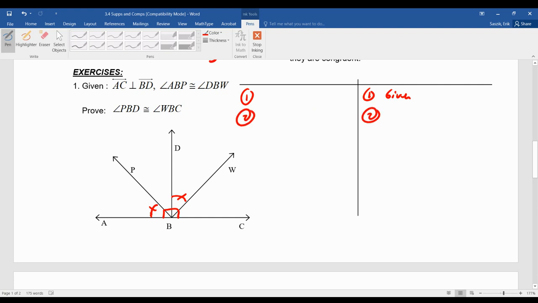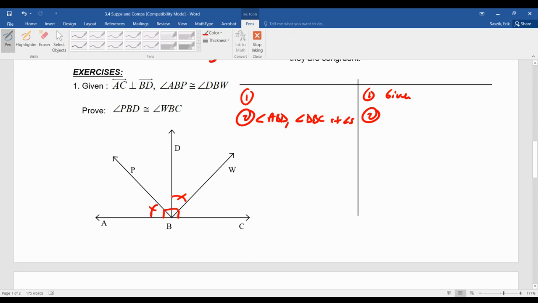That would be the given stuff. But now I got to catch up to my tick marks, okay? So I mark perpendicularity down here. Usually when we do that, we need to say that angles ABD, angle DBC are right angles.